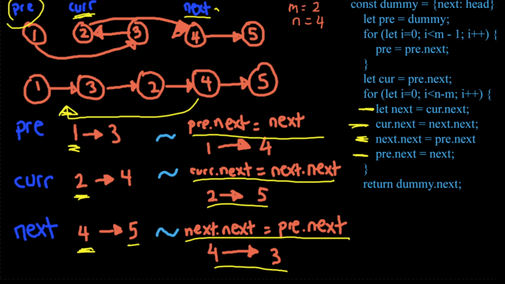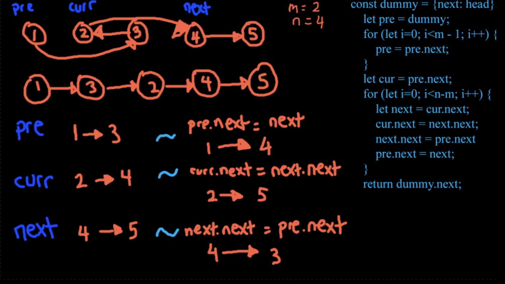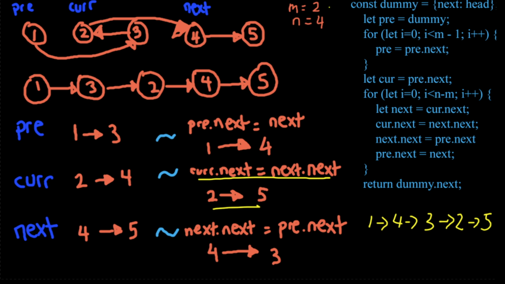So what do you have right now? You have right down here, 1 points to 4, 4 points to 3, 3 points to 2, and 2 points to 5. 2 points to 5 is right here. This is the cur.next equals next.next. And because you start with m equals 2, n equals 4, you're only going to run through this twice. Okay?